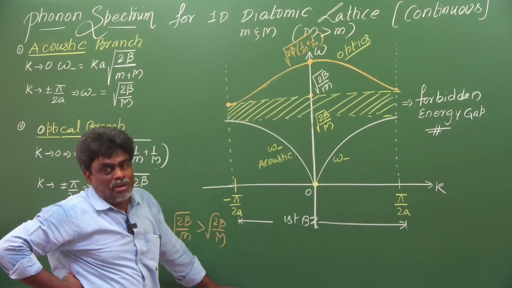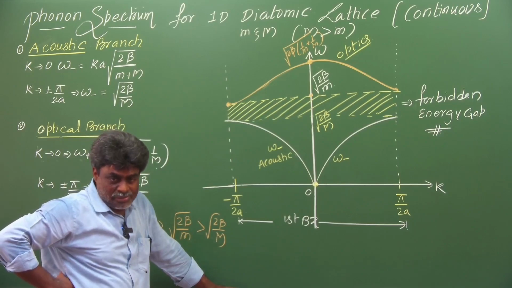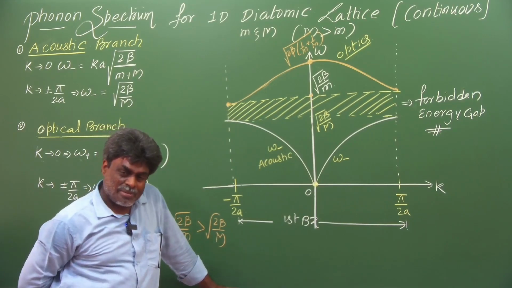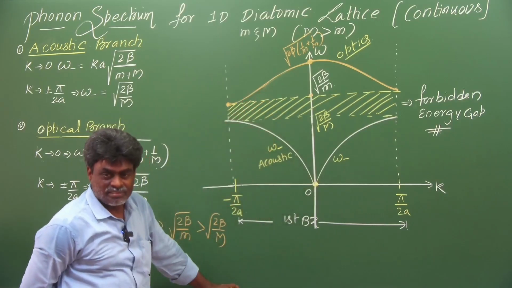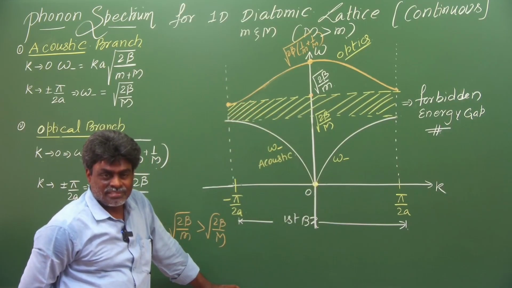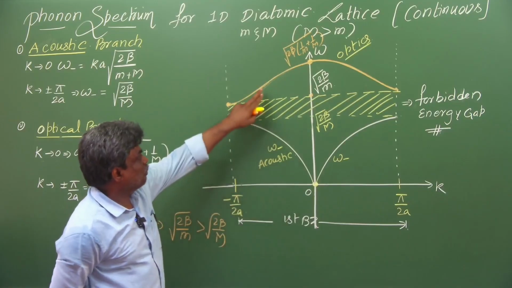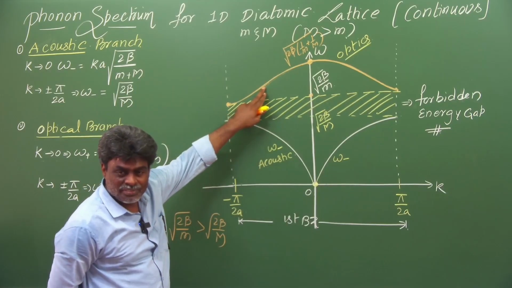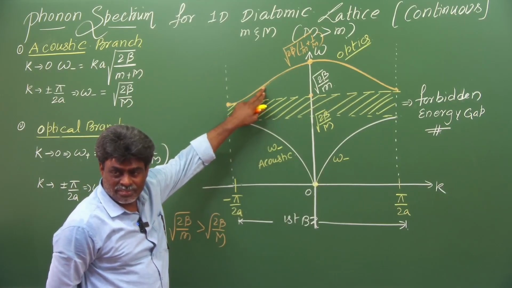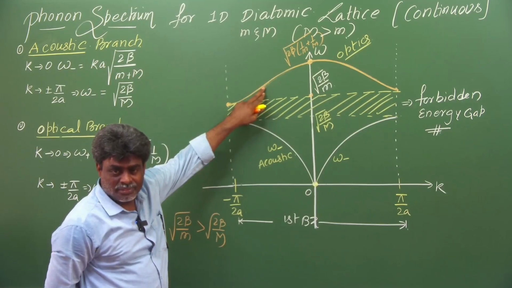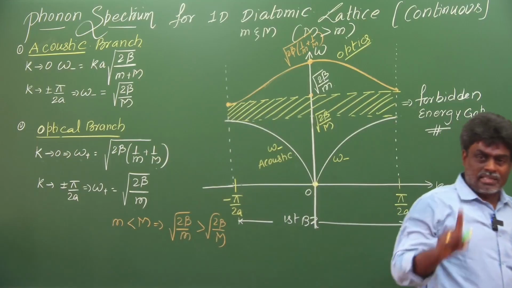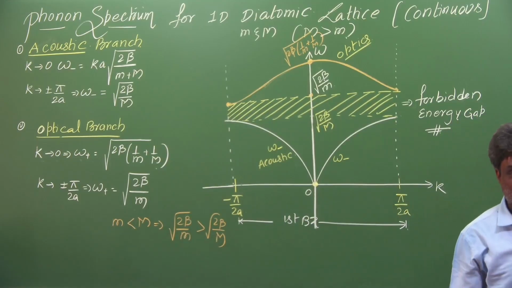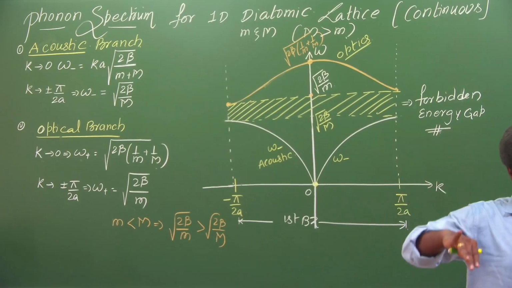If I don't want a forbidden gap, what shall I do? Small m equal to capital M. If small m is equal to capital M, will you get this? No, it's a Debye lattice, one atom. Or masses are same, different atoms.